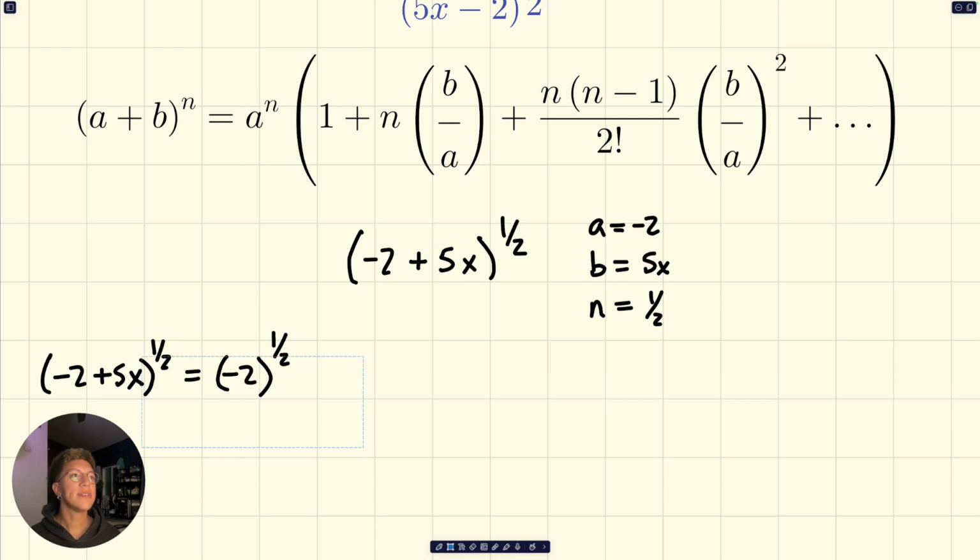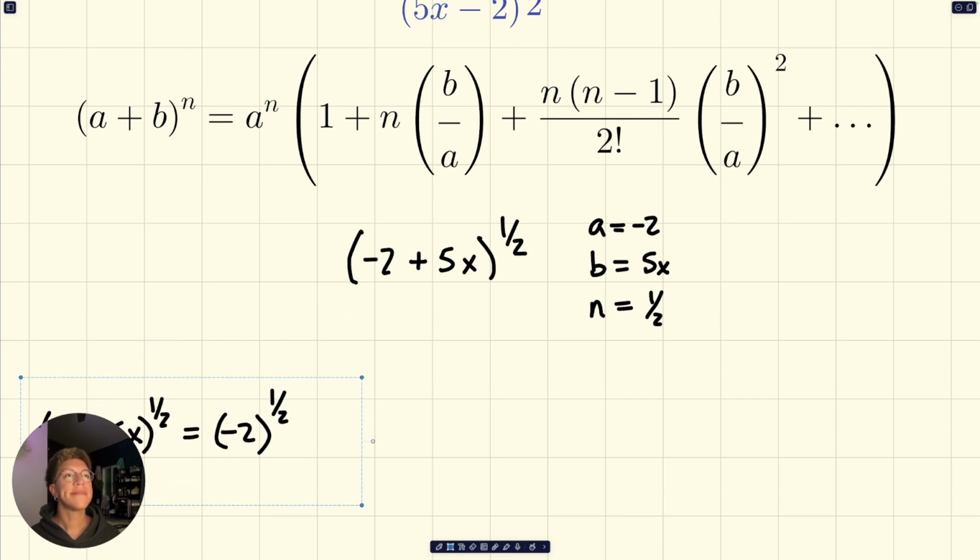Let's give ourselves a little bit of space. Move this down. Inside our parentheses, our very first term is always 1. Our next term is n, which is 1/2, and then we have b over a, so 5x over -2.